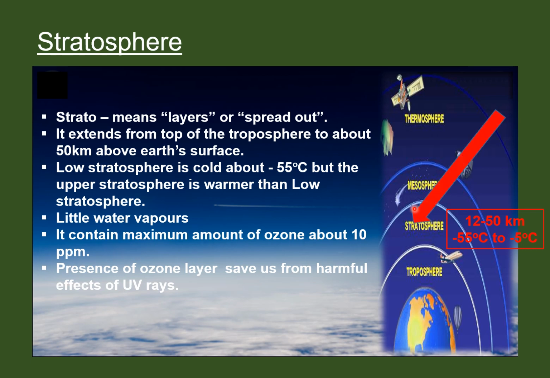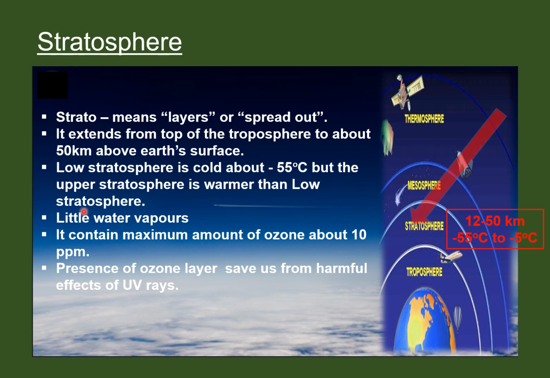Lower stratosphere is about minus 55 degrees centigrade, but the upper stratosphere is warmer than the lower stratosphere and its temperature is minus 5 degrees centigrade. This layer contains little amount of water vapor.